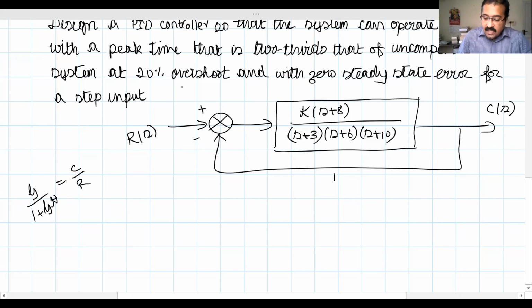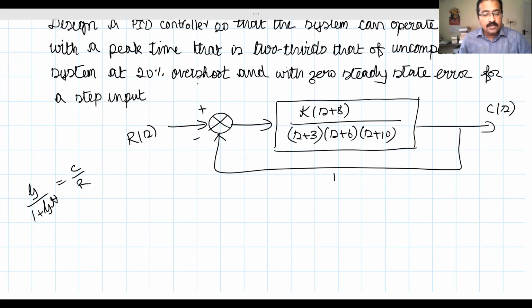But peak time, overshoot, etc., can be specified only for a standard type 0 underdamped second order system. So we have to identify the dominant poles of this closed loop system. What are dominant poles? Dominant poles are those which are closer to the j omega axis, and those poles will determine the overall response of the system.